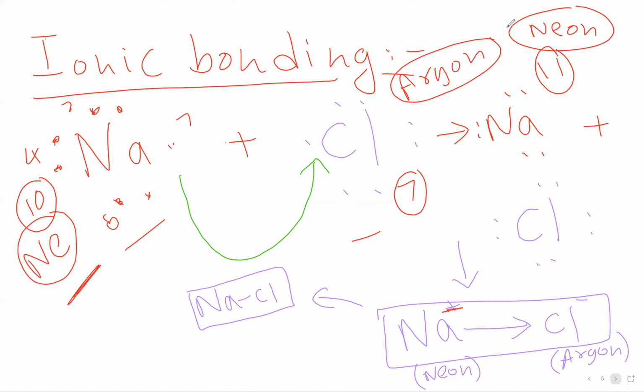We previously saw that if you give away an electron, it becomes positive, a cation. Chlorine is 1 electron short of argon, a noble gas. So it says, okay, let me take that 1 electron, and it accepts that electron from sodium. Then it becomes negatively charged.